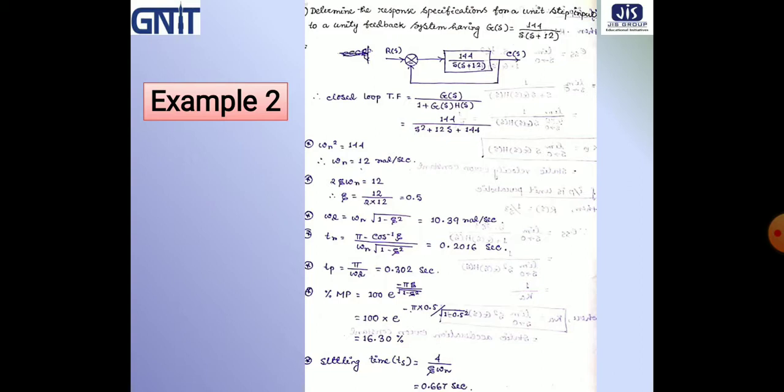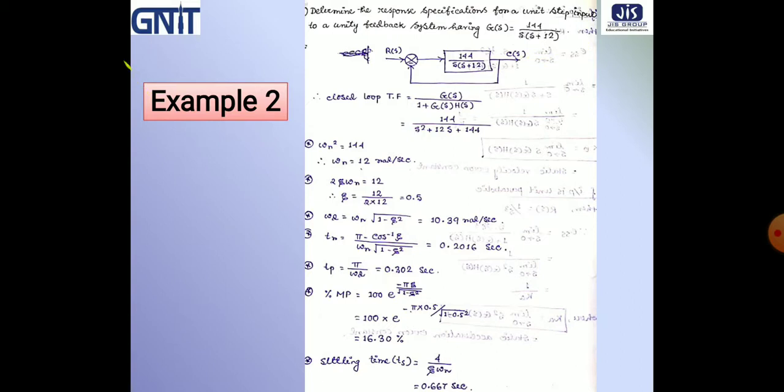Now let us take one example where we calculate the time response specifications, that is peak time, rise time, etc. The problem is: determine the response specifications for a unit step input to a unity feedback system having G(s) equal to 144 divided by s(s plus 12). So the open loop transfer function is 144 by s(s plus 12).